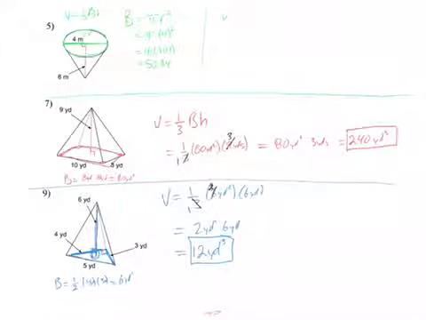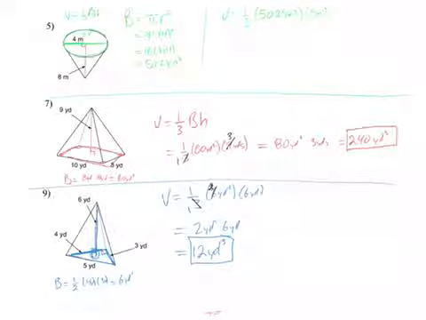Now to find the volume, we're going to say 1/3 times the area of the base, which we just found is 50.24, times the height, which is 8 meters. Oh, and this would have been meters squared. Meters squared times the 8 meters there for the height.